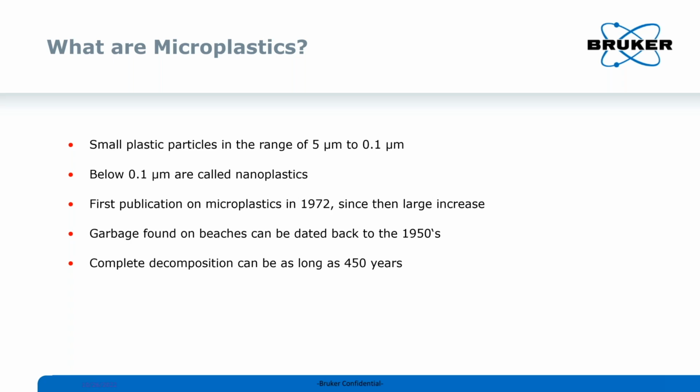So when you look at microplastics, what are we talking about? Anything larger than about 5 microns, on down, we might consider microplastics, all the way down to 100 nanometers. Anything down in that regime is really called nanoplastics rather than microplastics.